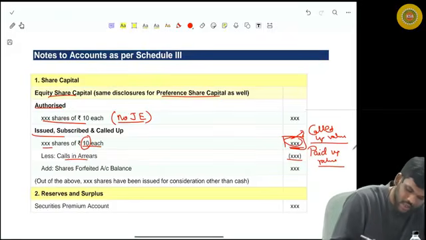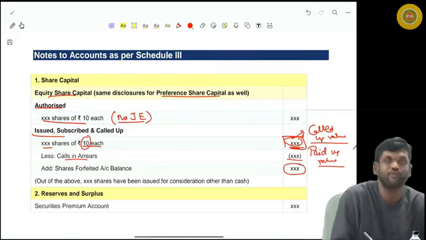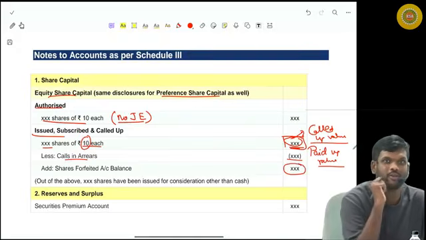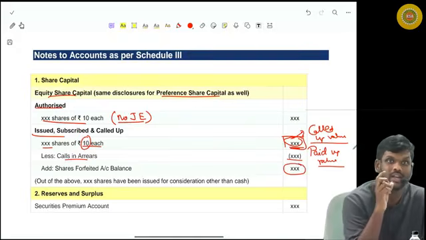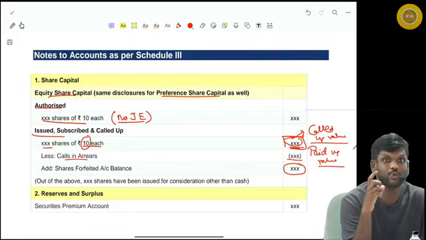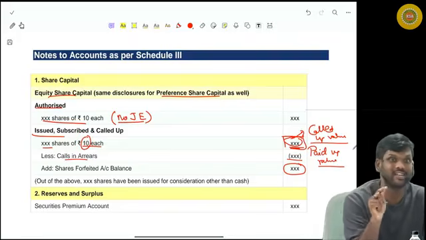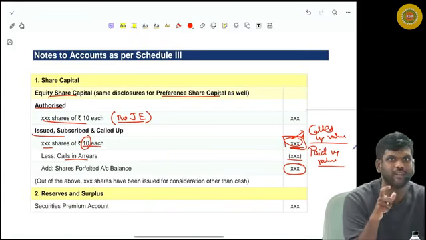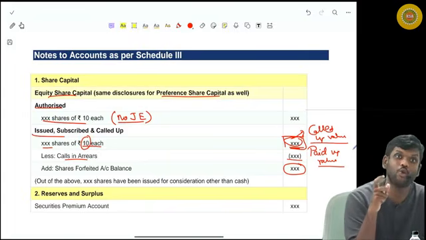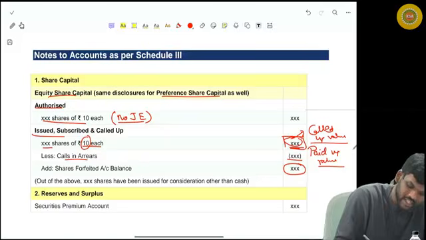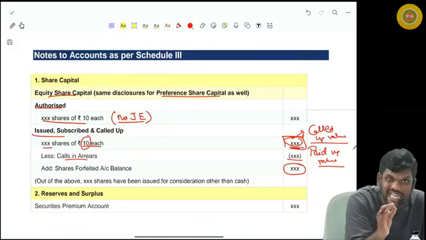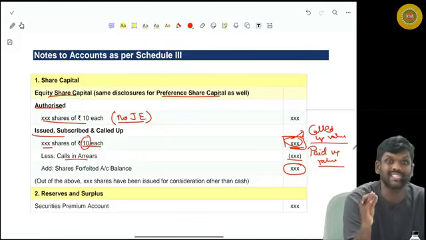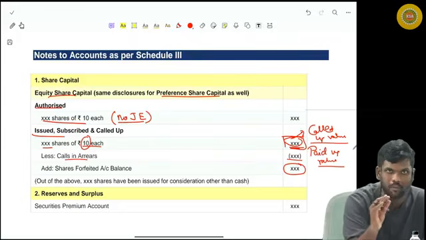And then to this, whatever shares you have forfeited, you remember you would have learned in foundation, also in 12th standard company accounts, whenever the shareholders don't pay the call money, then the directors will forfeit that share. So whatever shares have been forfeited, the paid up value on those shares will be in the shares forfeited account balance till the time those shares are reissued. Remember this point.